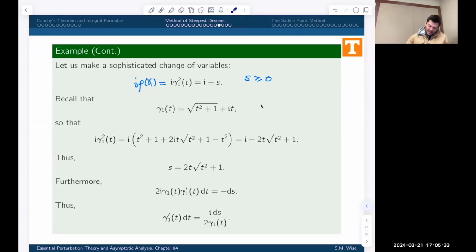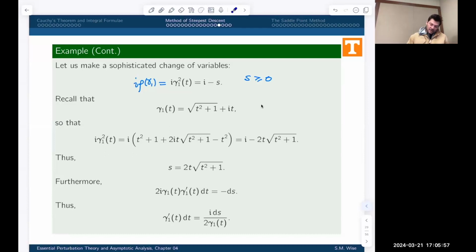All right, now we can take advantage of the fact that we know how to take the time derivative of this guy. Remember what we have to do whenever we do a transformation of variables: we have to be able to replace dt with something involving ds.